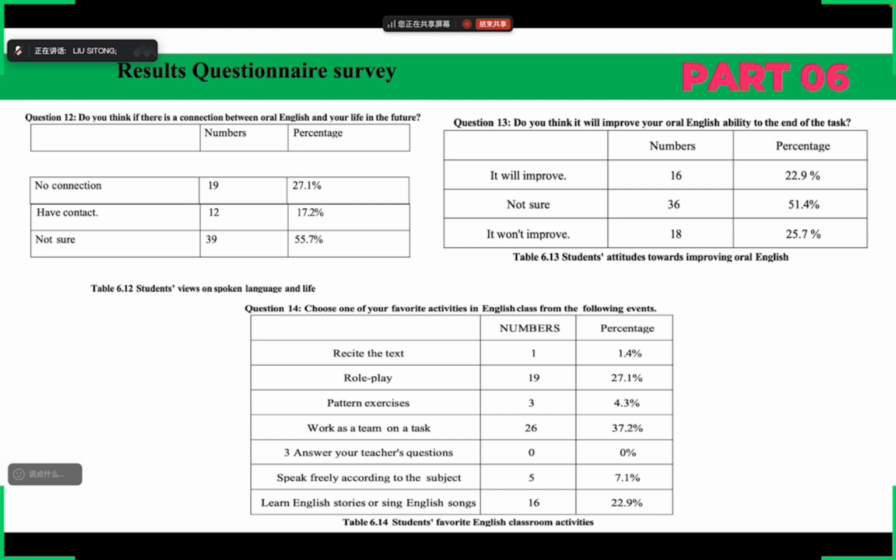And control class: in this class, average scores improved from 77.68 to 79.63, showing better performance in written exams. So traditional instruction is more effective in improving test scores, whereas TBLT focuses on communication skills.